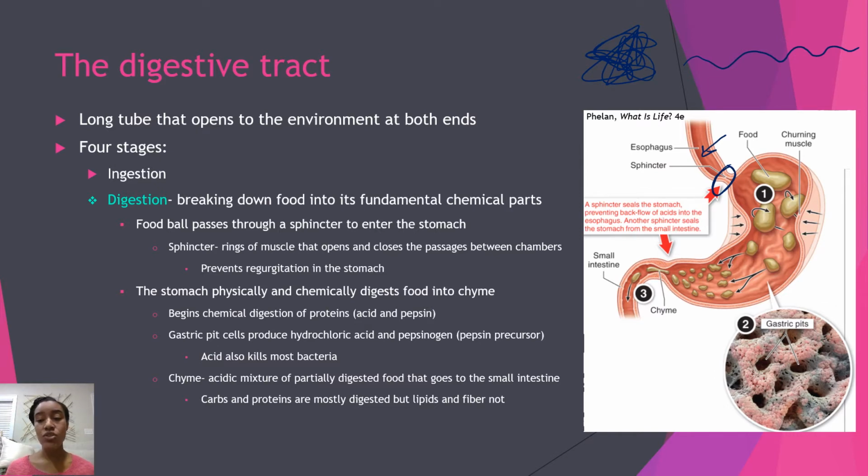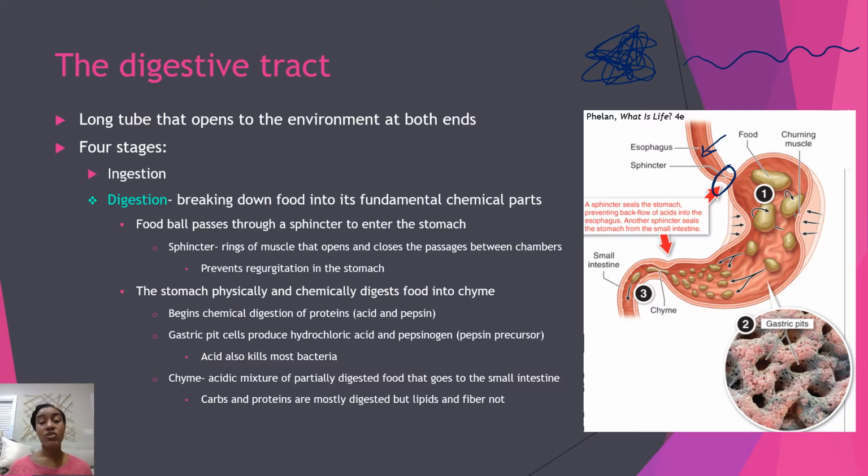In addition to hydrochloric acid, your stomach lining will also start to produce something called pepsinogen. And pepsinogen is the precursor to pepsin. So pepsinogen will be converted to pepsin, and pepsin is the enzyme that's responsible for helping to also break down proteins.